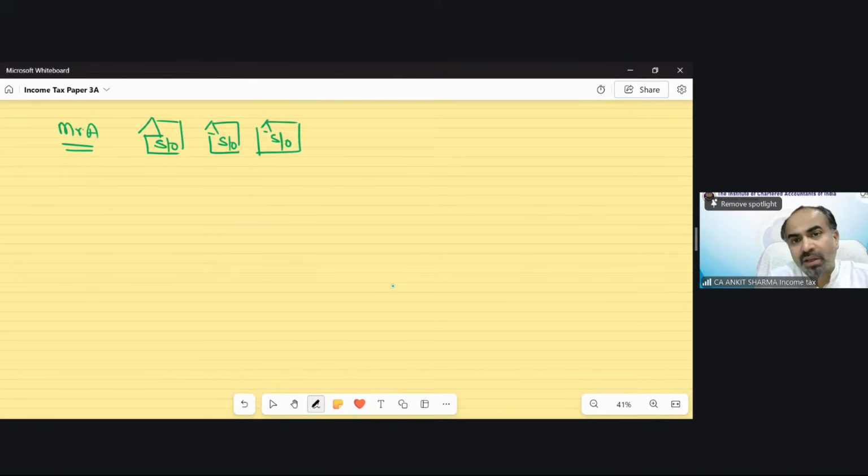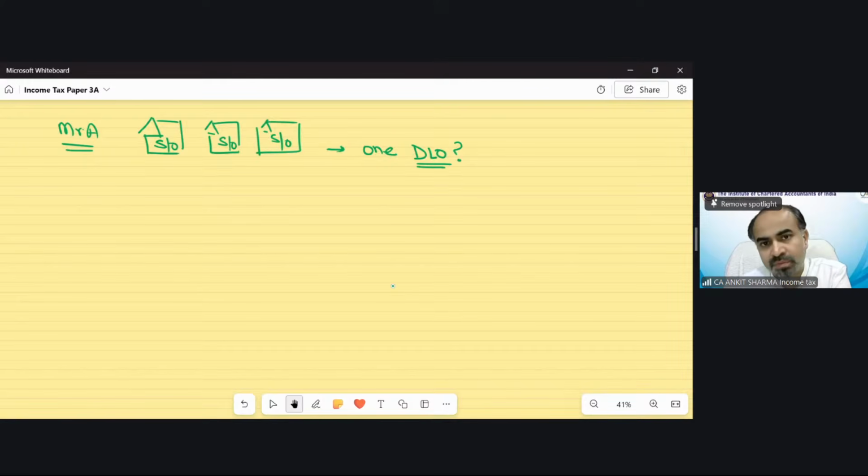But the problem is, which one needs to be considered as deemed let out? We need to find out the house which is treated as deemed let out, so we can reduce the taxability to the minimum. So how to find out the deemed let out property out of multiple houses if given in the question?